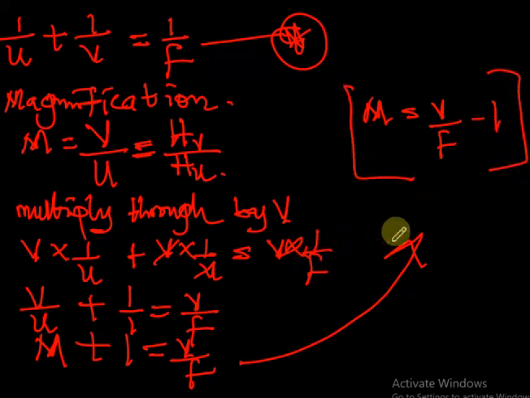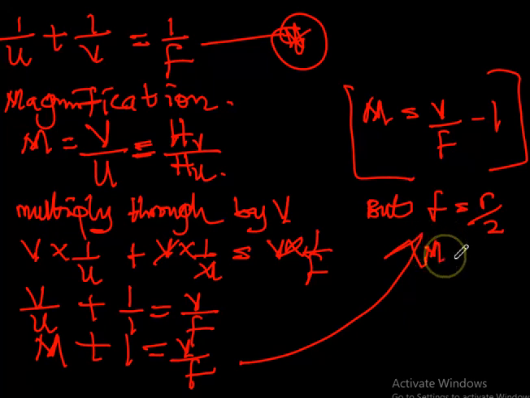And similarly, you can still say that f, which is focal length, is radius of curvature over 2. So anywhere I see f here, I replace it with r over 2. So that gives m equals v over r over 2, minus 1.